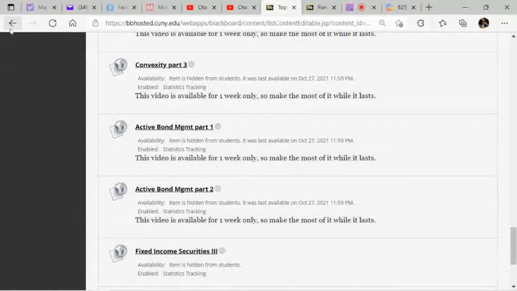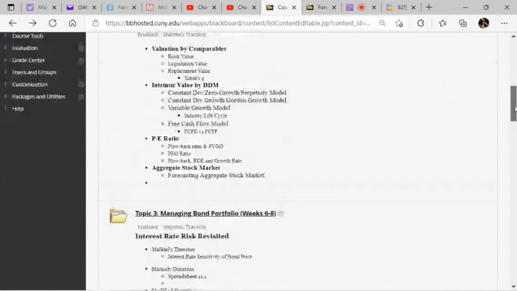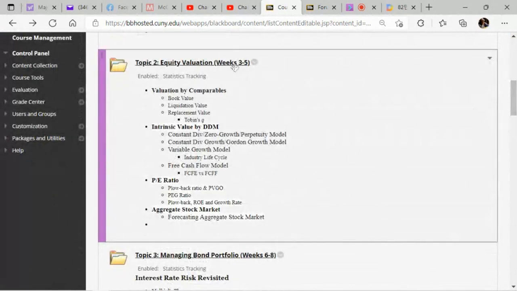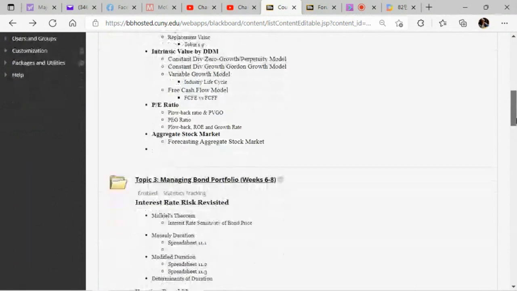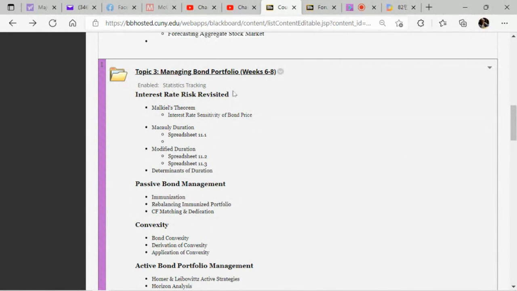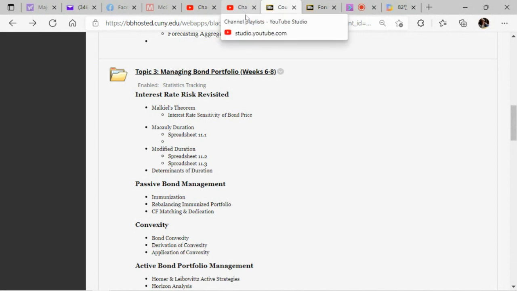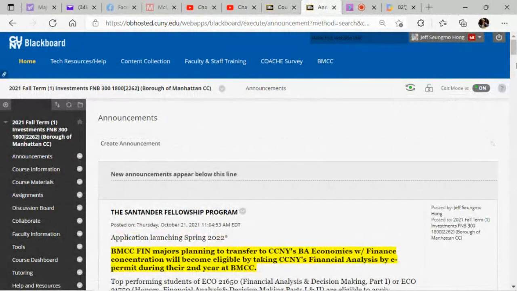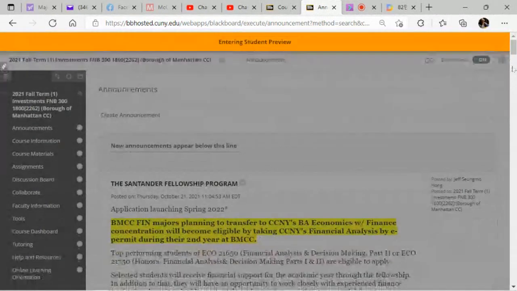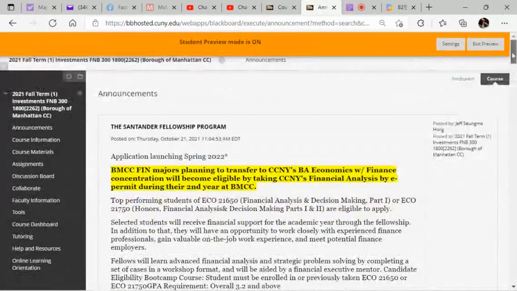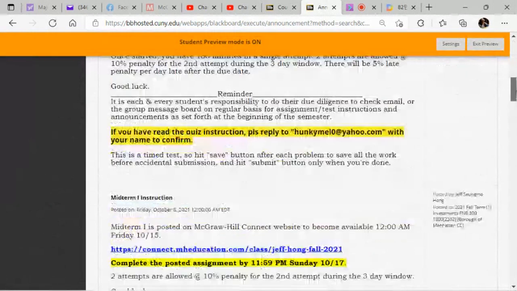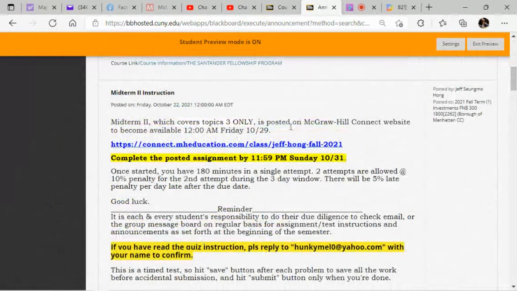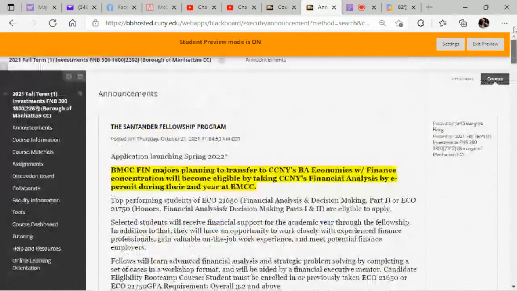So it was available until yesterday, I believe. And that's why, because we have covered topic 3, you are supposed to be aware that midterm 2 is starting tomorrow.